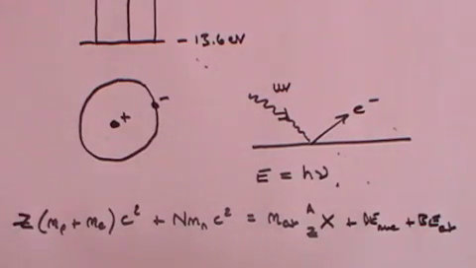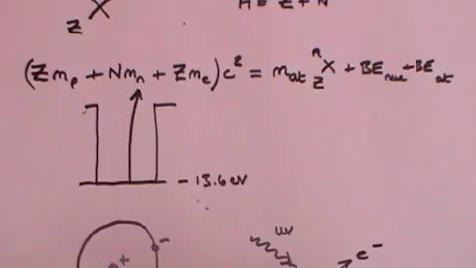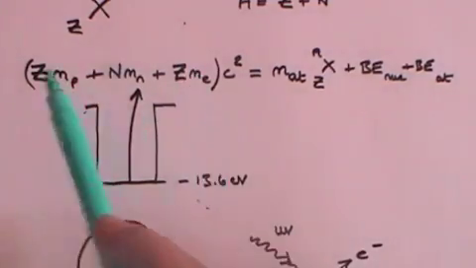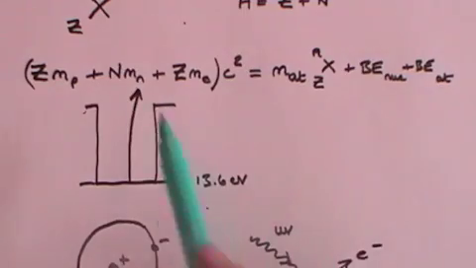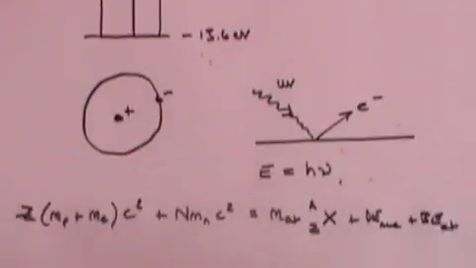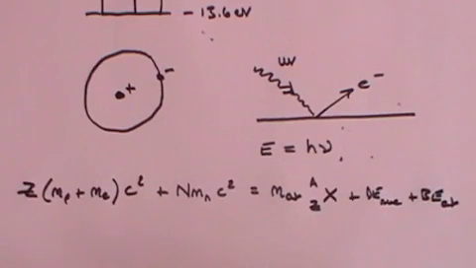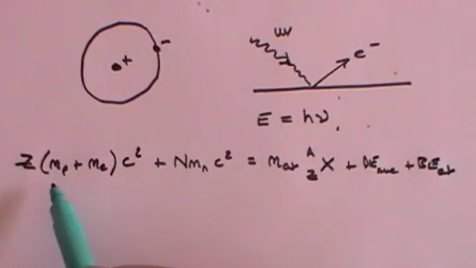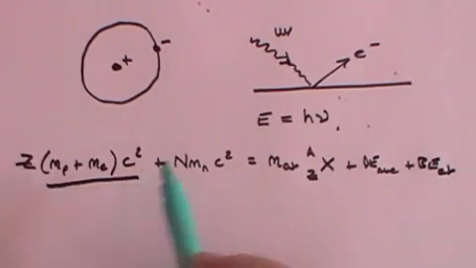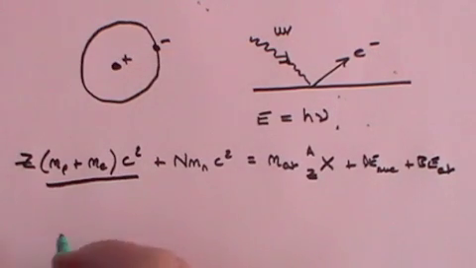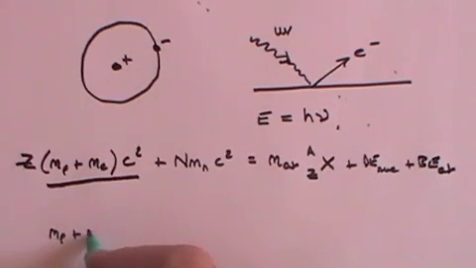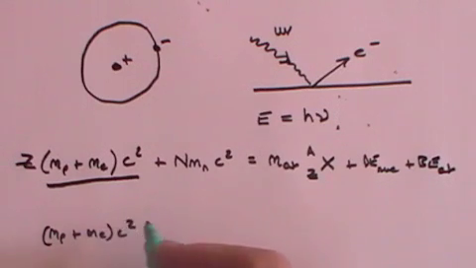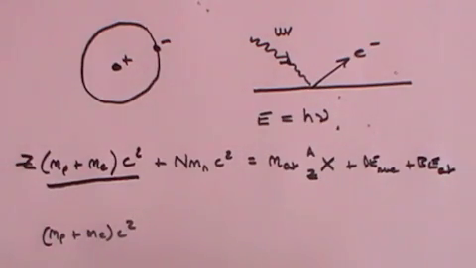Now, the reason I rewrote that, let's just show you the old formula. All I've done is to take these two terms out, and then that term is left. So essentially I've just rewritten it like that. The reason I've done that is that if you take this term here, Mp plus Me times c squared, is not that the energy of the mass of a hydrogen atom?